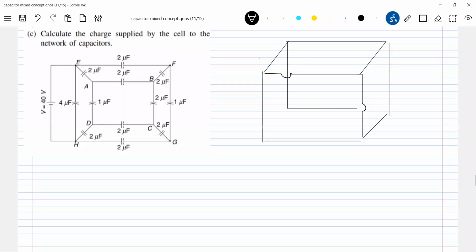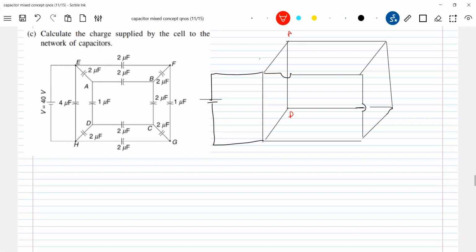I'll bring the capacitance. Yeah. So the cell is connected. So we'll give the naming of terminals. Okay, I'm redrawing it.